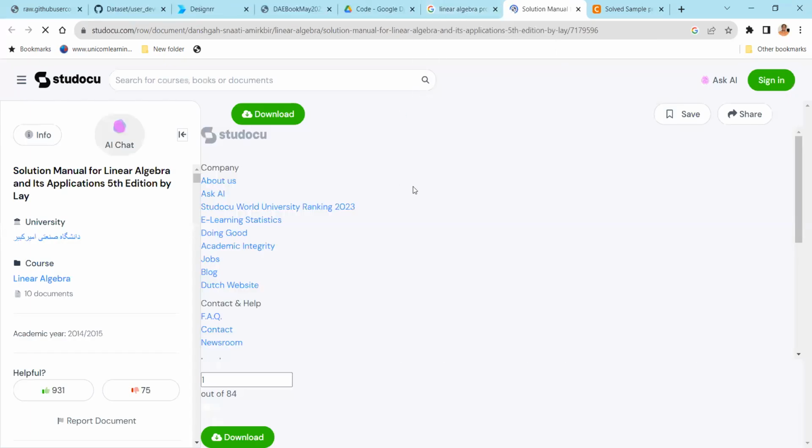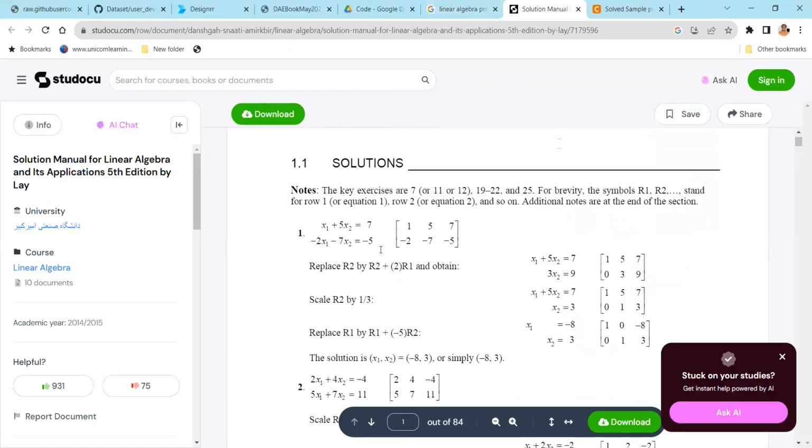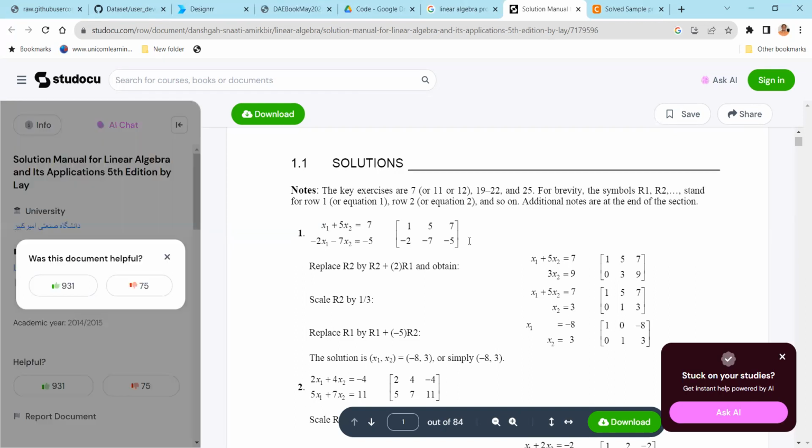Okay, let's try to solve this one. Let's take this one. Here you have x1 plus 5x2 equal to 7.